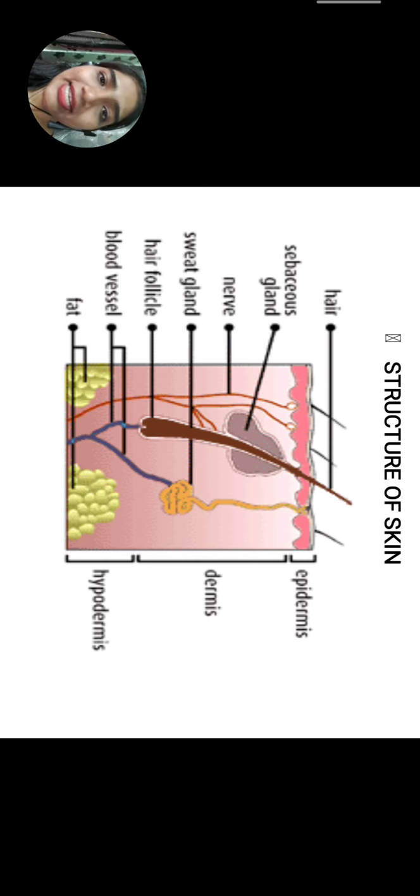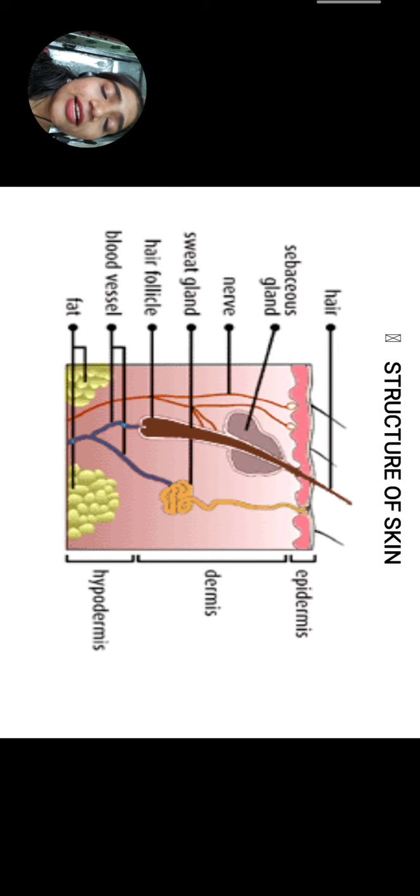And sweat gland, as the word itself says, produces or excretes the sweat that is present in our skin. So the sweat glands release the sweat and the sebaceous gland releases the oils that are there in our skin.